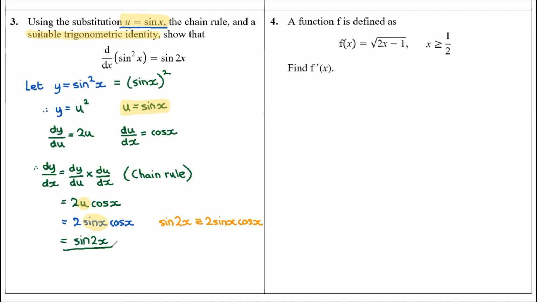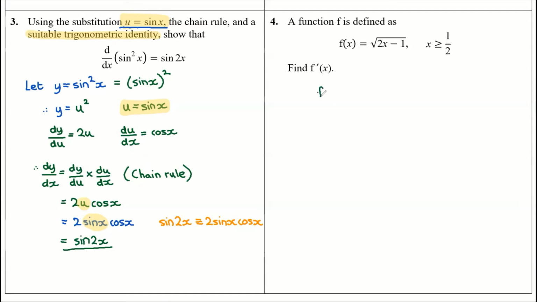Okay, and the final example, we have question 4. We have a function defined for us with a restricted domain, x is greater than or equal to 1/2, and we have to find the derivative. Well, if you've done the exercises on the chain rule, this shouldn't be a problem. So the question is, what would the two functions be that we must compose together?